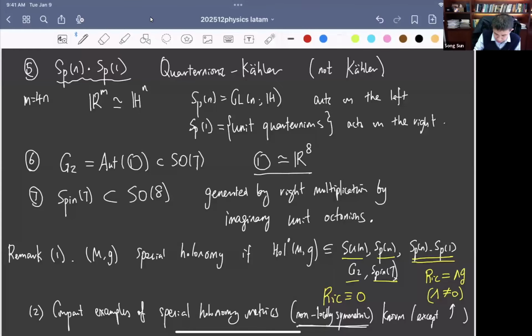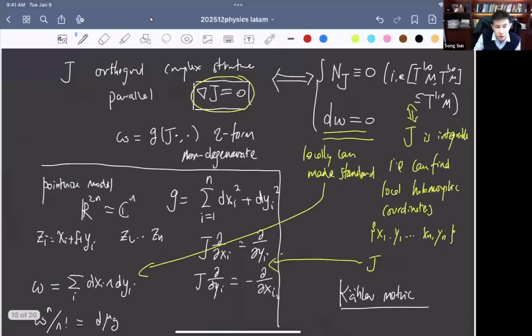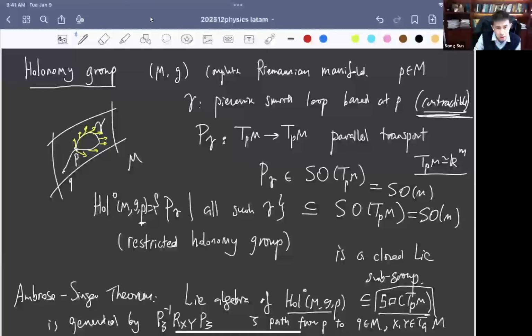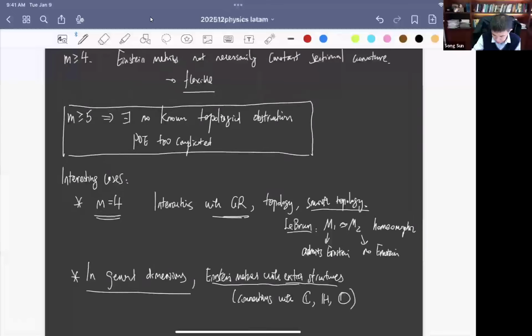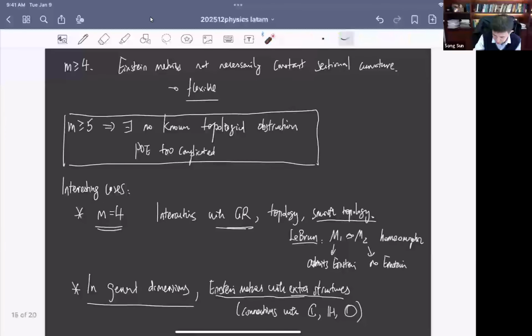Anyway, this finishes the statement of the holonomy theorem, and it also finishes our claim that in general dimensions, the interesting cases are Einstein metrics with extra structures. Next, I would like to go back to the dimension 4 case.